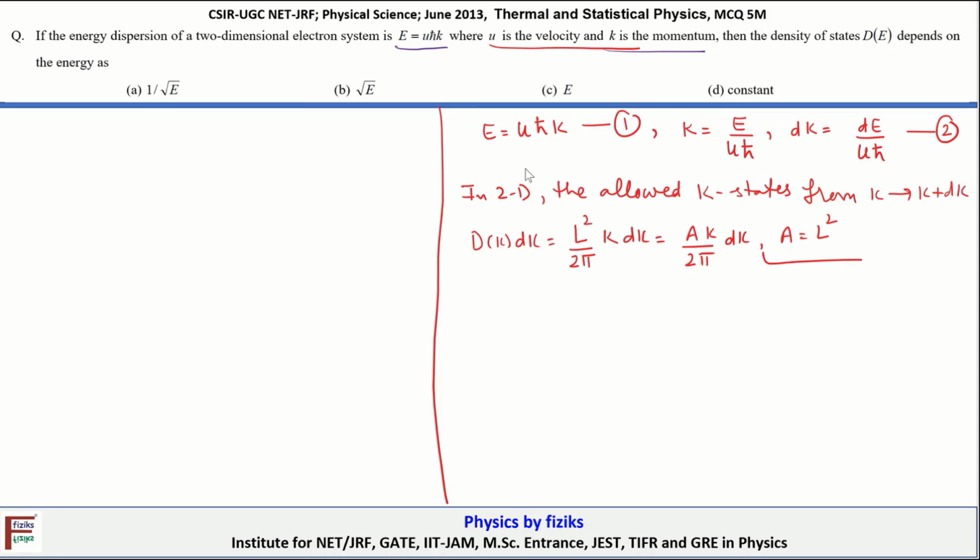Let me call this equation 3. Now in equation 3 I will substitute the values of k and dk from equation 2, and then this result will be transformed in terms of energy, because we are asked the density of states in terms of energy.